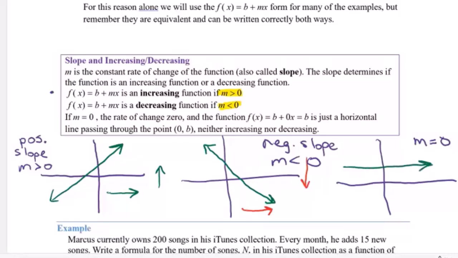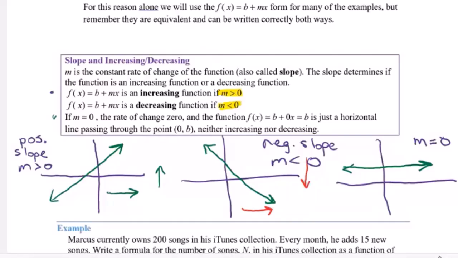So it stays constantly at the same level of y. So I'm reading right here, if m equals 0, the rate of change is 0, and the function f of x equals b plus 0x, which equals b.